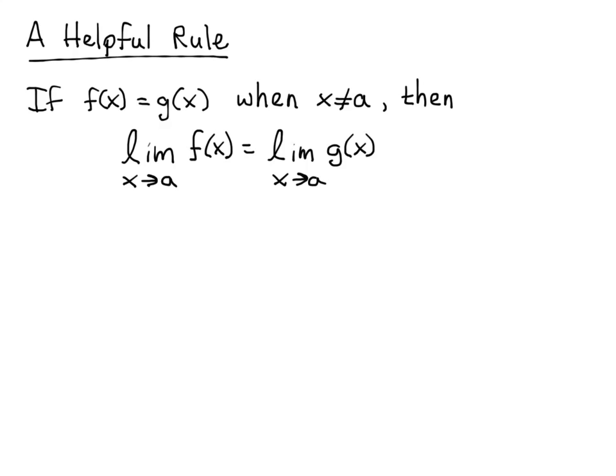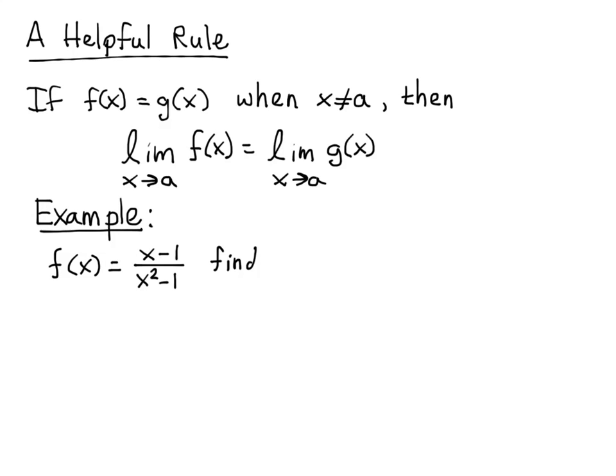The unusual part of this is when x doesn't equal a. So if we have functions that in all the areas we're interested in, f of x and g of x are the same, then we can say that the limits of those two functions will go to the same number. Now this is going to help us out in the cases where we have 0 over 0.